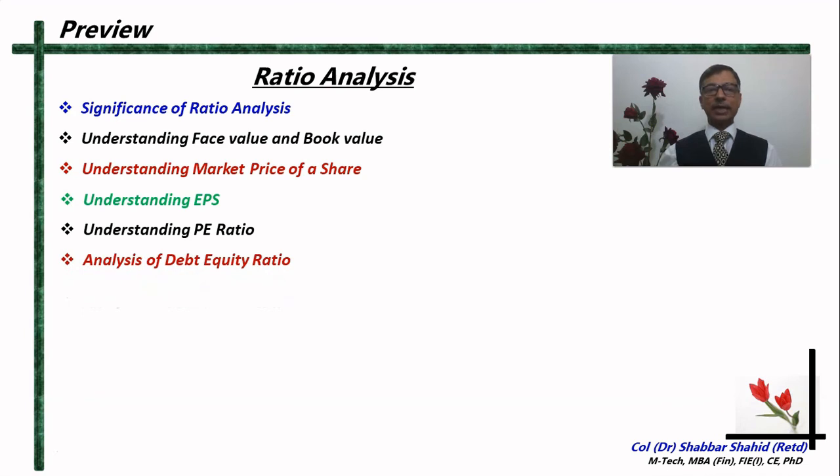Thereafter, we shall try and analyze the debt equity ratio of a company. After that, we will try and understand the return on equity and the return on net worth. What are these things and what is the difference between them? Then we shall try and understand the PB ratio or the price to book value ratio.